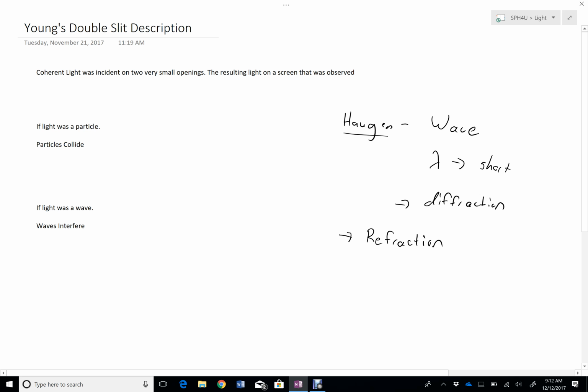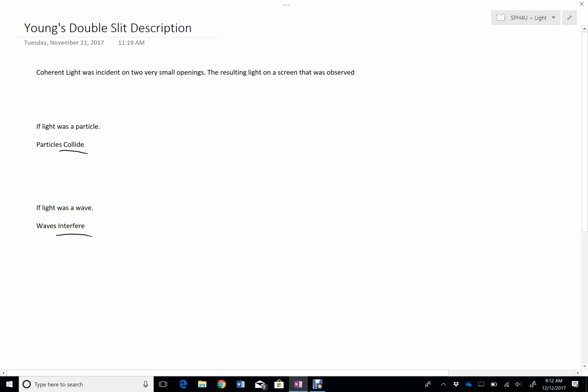The most fundamental difference that we typically associate with waves and particles is what happens when they try to occupy the same point in space. That's why I started with that. Particles collide and waves interfere. So Young decided to do an experiment to see what happened when light occupied the same point in space. He wanted to see if he could see light interfering.